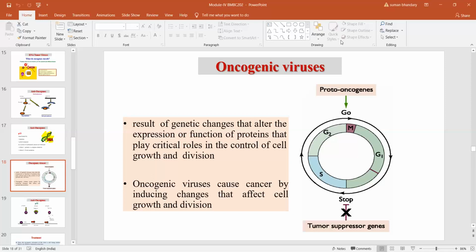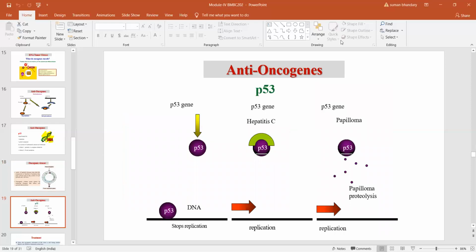So here the second gene, that is the p53 gene, the first gene we have already discussed. The first step, p53 gene, this is a normal function. It binds with the DNA and stops replication.